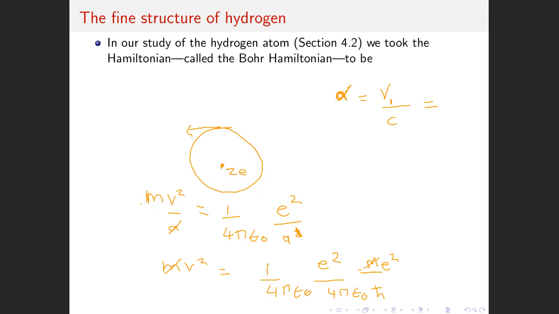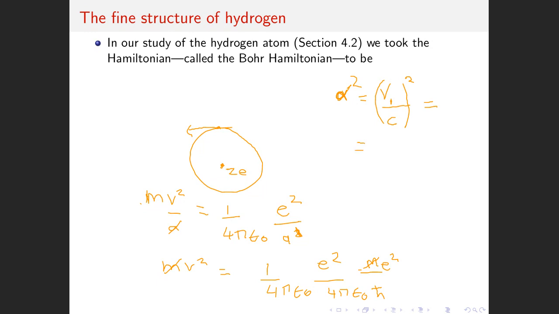So the ratio, let's say alpha squared, of the speed that the electron is moving in the first Bohr orbit to the speed of light squared, that ratio will give you a pure number. And that pure number, you can read it off from what I wrote at the bottom of the slide.